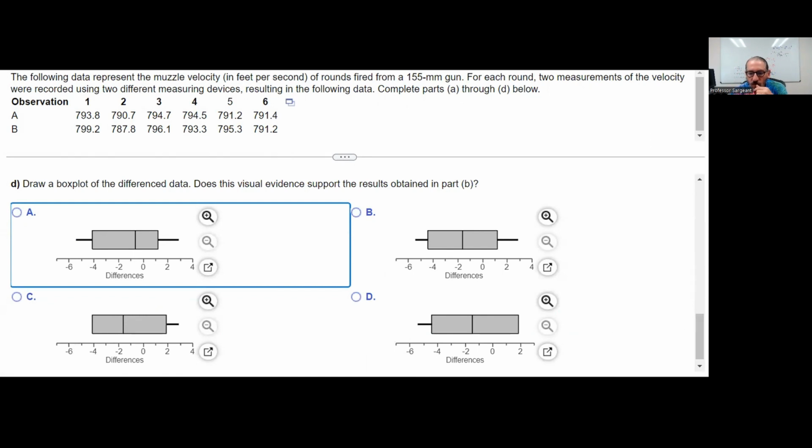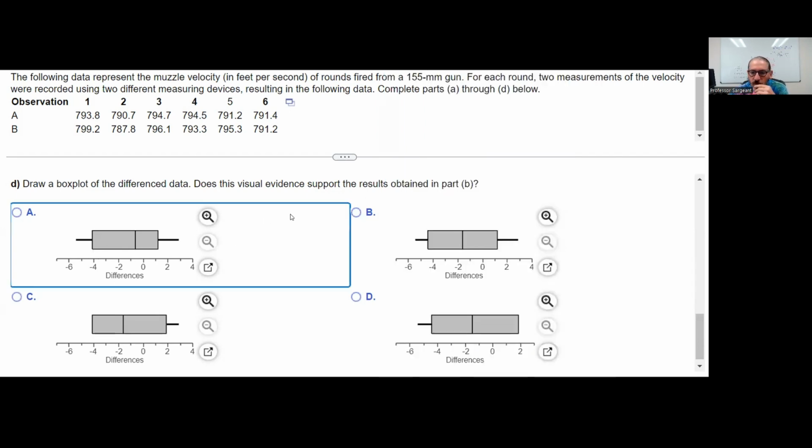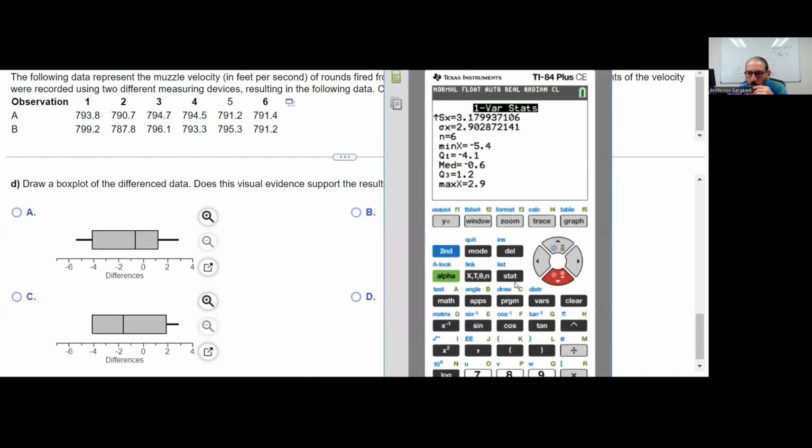All the rest seem pretty close, somewhere between negative 5 and negative 6. Quartile 1 at negative 4.1, that's kind of close. Kind of close, kind of close. But where they're showing the median seems to be significantly different.